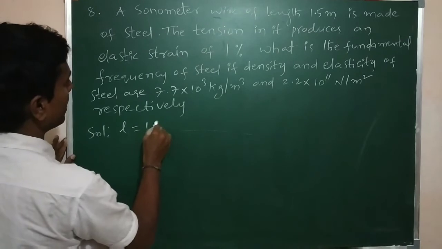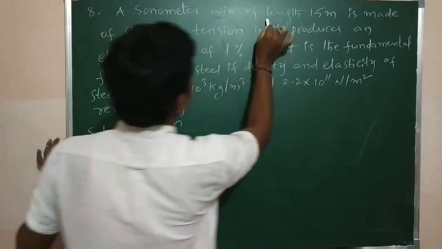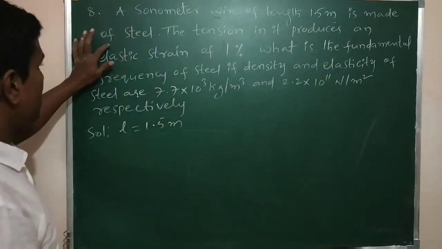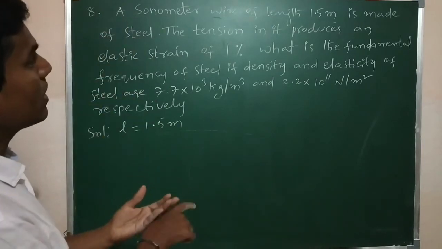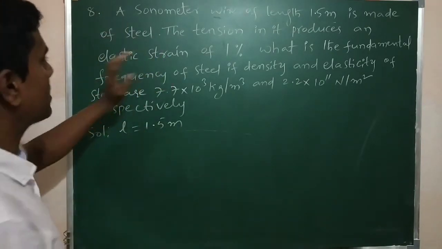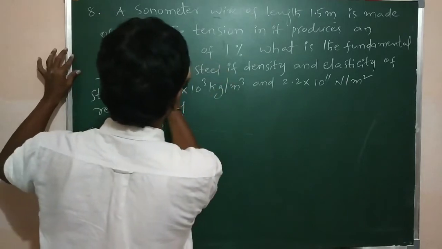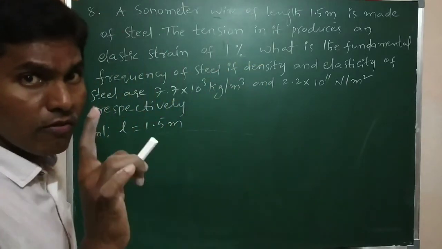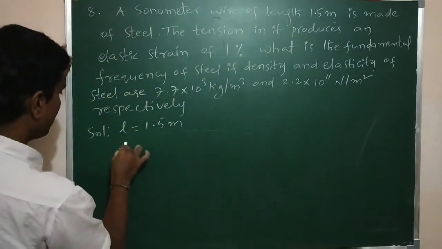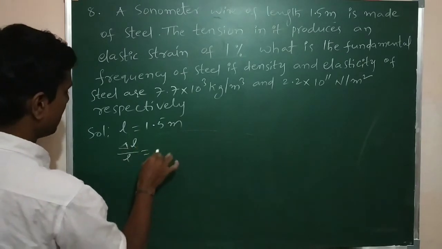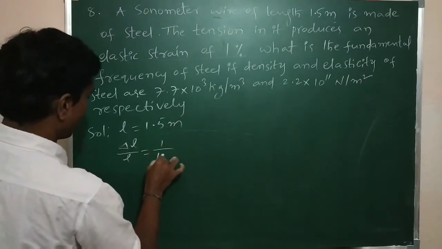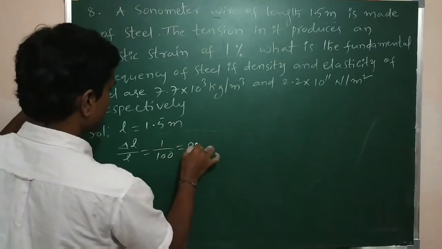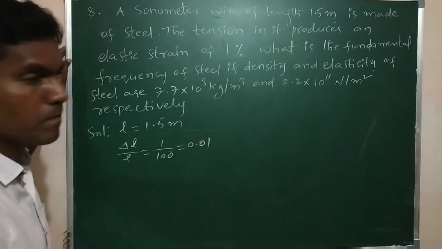A sonometer wire of length 1.5 meters. L is equal to 1.5 meters, its length, and it is made of steel. The tension produces an elastic strain, which is given as 1%. That means delta L by L is equal to 1% means 1 by 100, that is equal to 0.01.